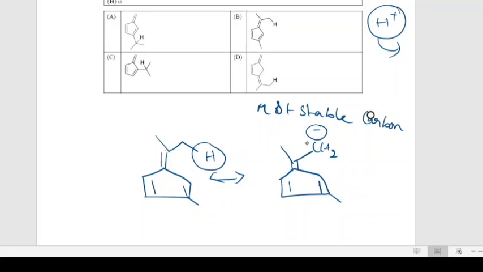And in conjugation, if this minus charge comes here, the double bond will shift onto this carbon atom, so that immediately the ion gets aromaticity. The ion gets aromaticity, right? And we know the cyclopentadienyl anion is more stable because of that aromatic character. That is the reason why compound B has the most acidic hydrogen.